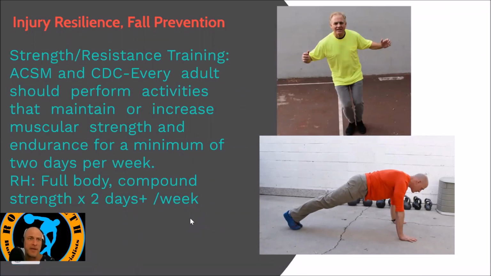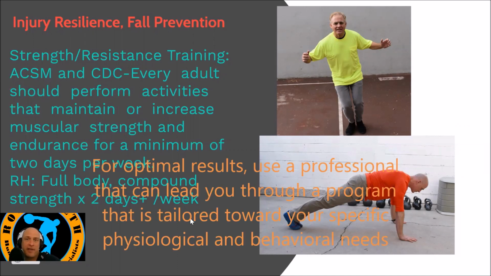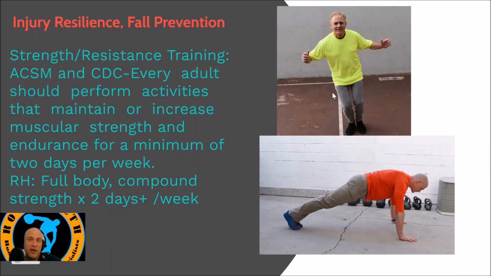So I recommend, and the ACSM and CDC recommend, that every adult should perform activities that maintain or increase muscle strength and endurance for a minimum of 2 days per week. And from Root Health, I recommend the inclusion of athleticism training, as we see this fellow up here doing some athleticism training for reactivity, for footwork, coordination, stuff like that.